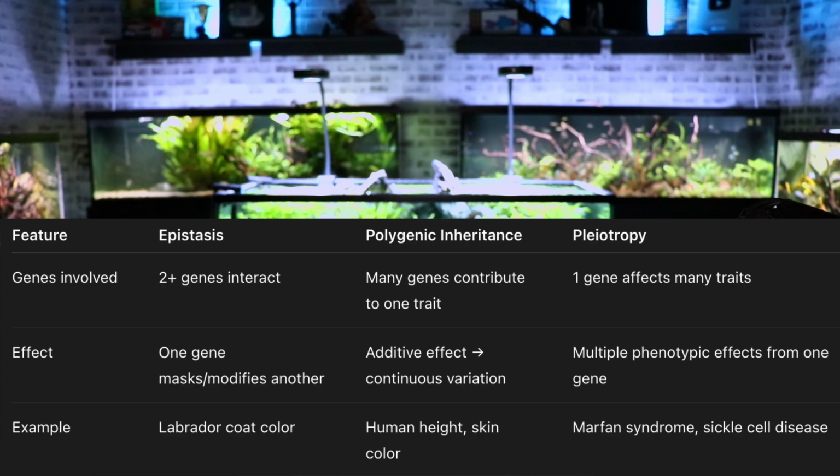And so these are three concepts at the top of this table that I think we should understand, and that is what you can have a very messy situation. So the first one is epistasis. In epistasis, what you have are multiple genes that are interacting. And as you go down, you'll see that the effect is that one gene may mask or modify another one. The really good example is a Labrador Retriever.